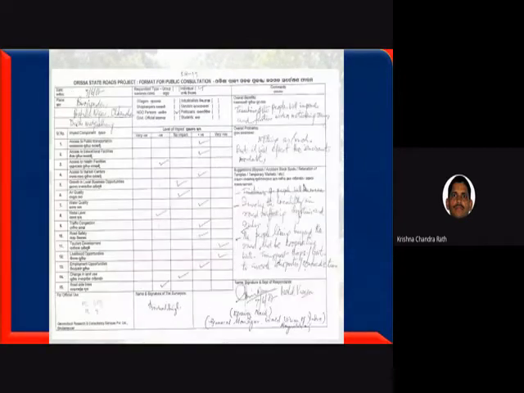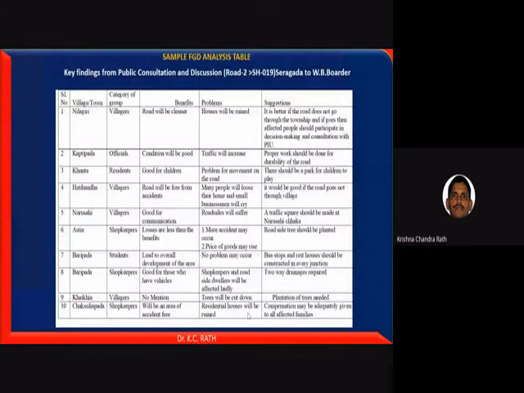Then comes the stakeholder consultation. We have a schedule sheet and questionnaire for the discussion. A few pages are given as examples. Sample focus group discussion analysis table, how it looks: village, benefits, problems, and suggestions given by the people.